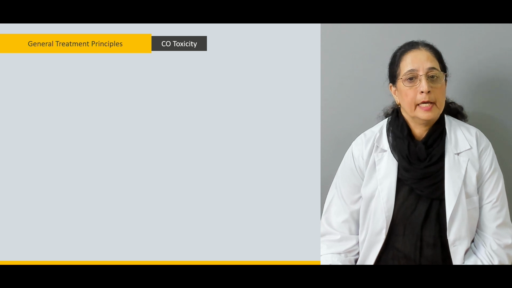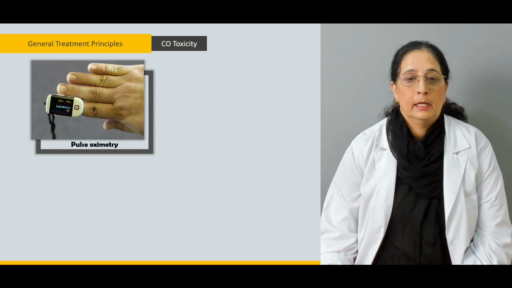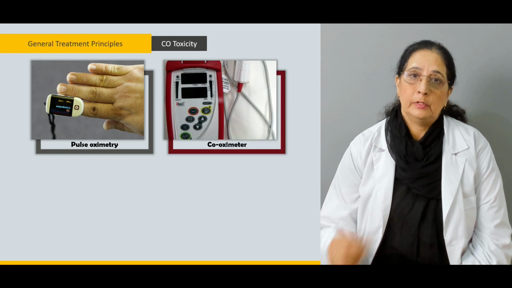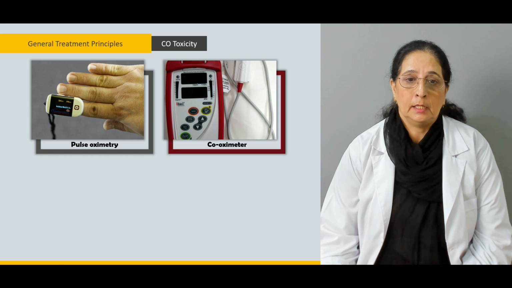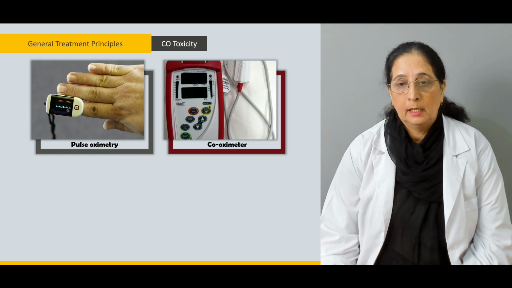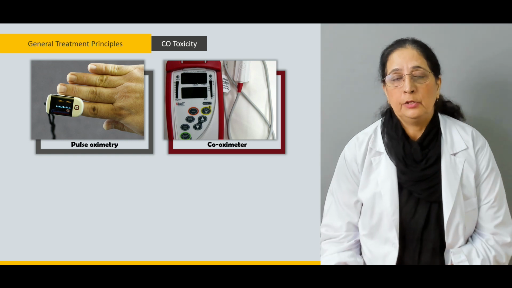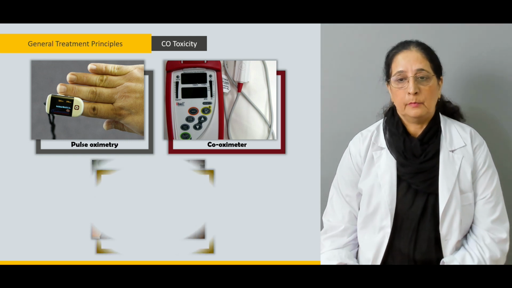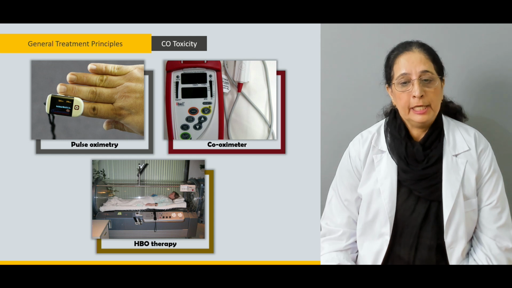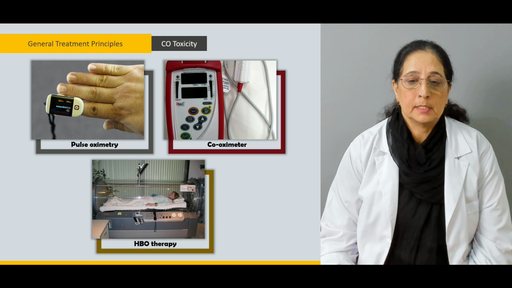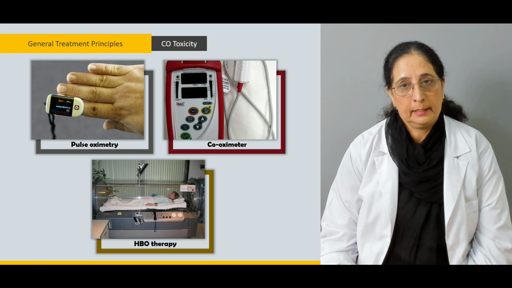For carbon monoxide toxicity, pulse oximetry to find out the level of oxygen in the blood, and a carbon monoxide oximeter again to find out the level of carbon monoxide. HBO therapy, hyperbaric oxygen therapy, is given.